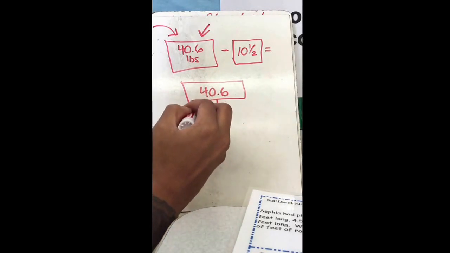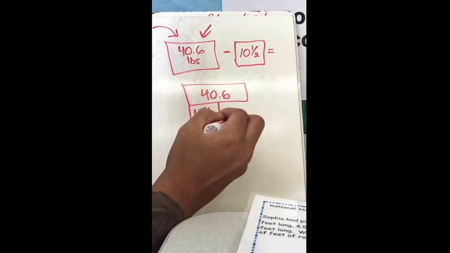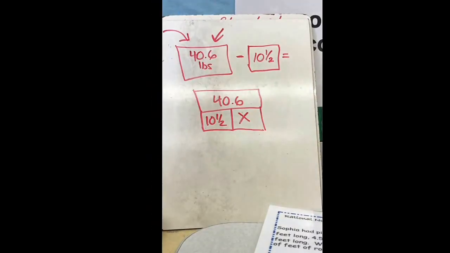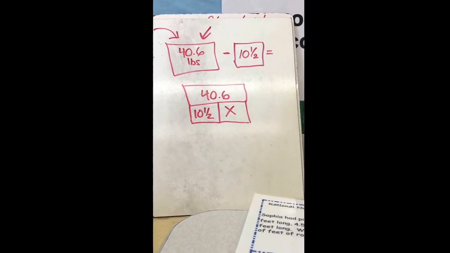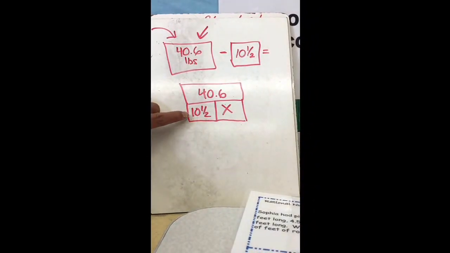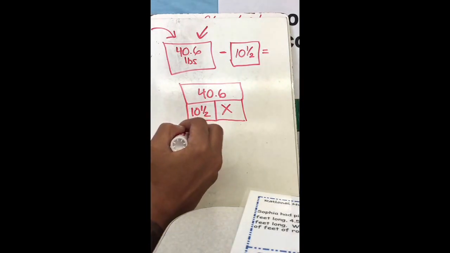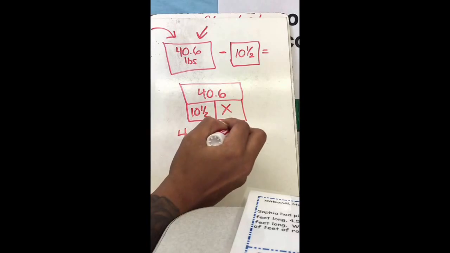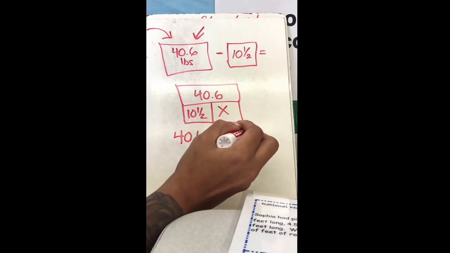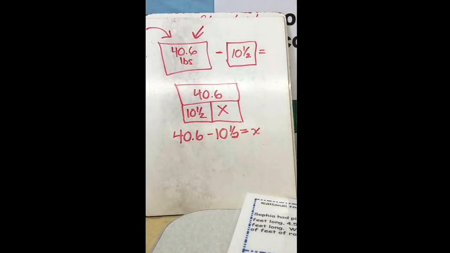I'm going to take out a piece of it, 10.5, and I really want to know what piece is left. That's making me think of a subtraction problem because I'm taking out a part and I want to figure out what's left. So my equation must be, what is 40.6 minus 10.5 is going to give me X.